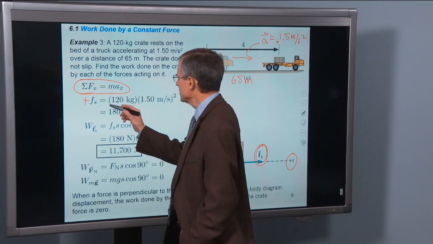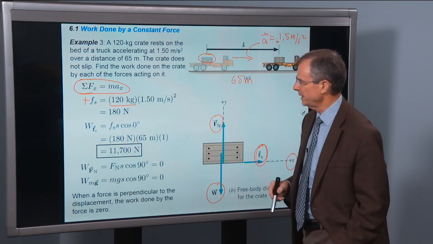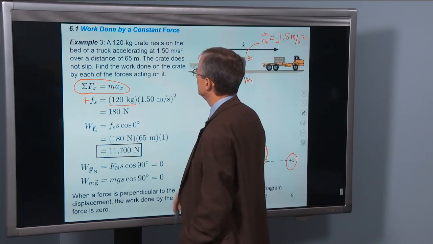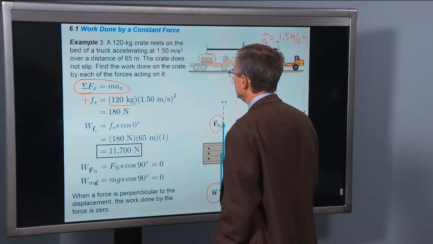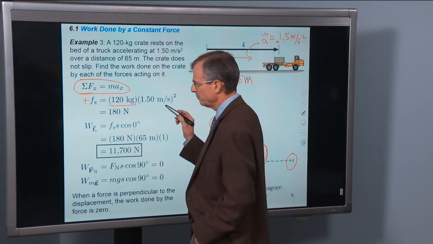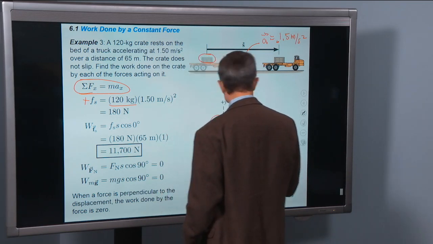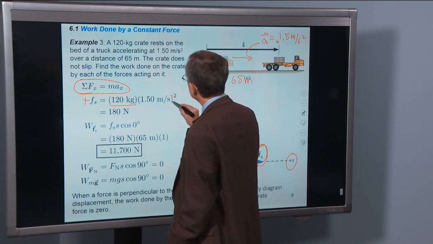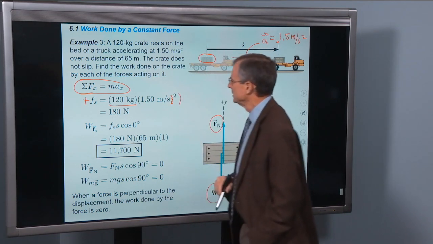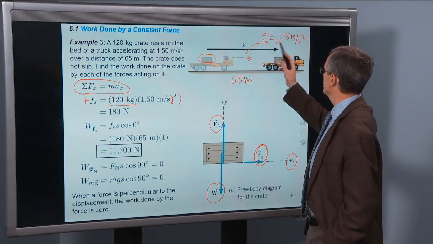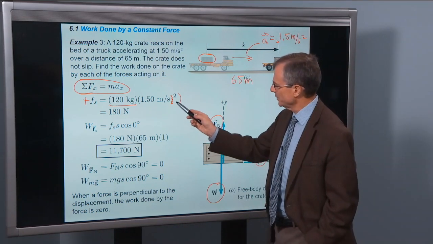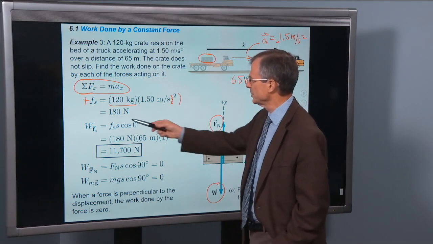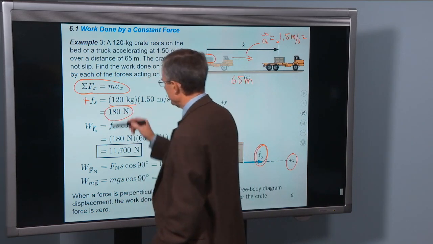Then over on the right-hand side, we got the mass of the crate, 120 kilograms, and then we've got, there's a typo here that I need to remember to fix on slide 9. This is 1.5 meters per second squared. So the acceleration is 1.5 meters per second squared. So I should have had that parenthesis out there. Either way, multiply the mass by the acceleration to get 180 newtons, and that's our static friction force.